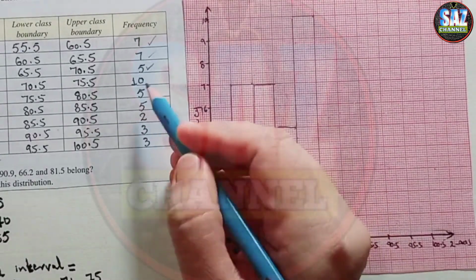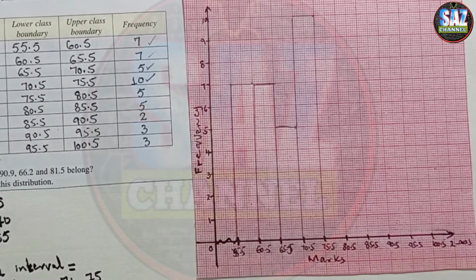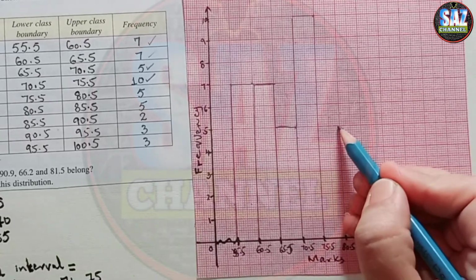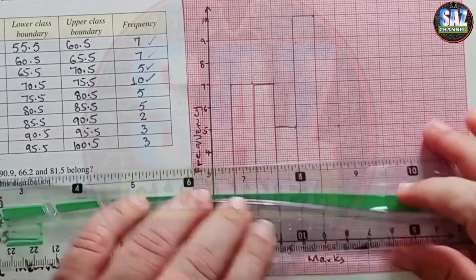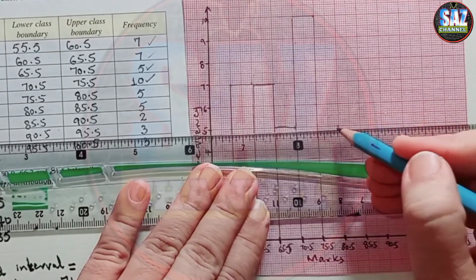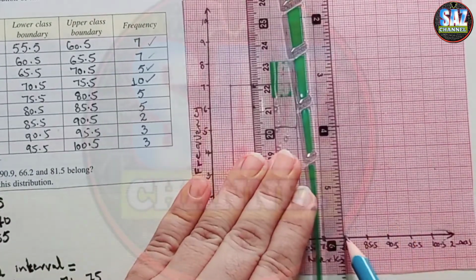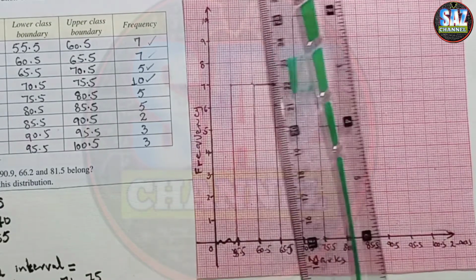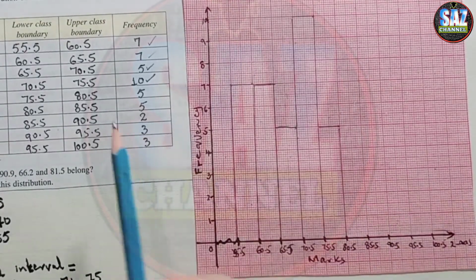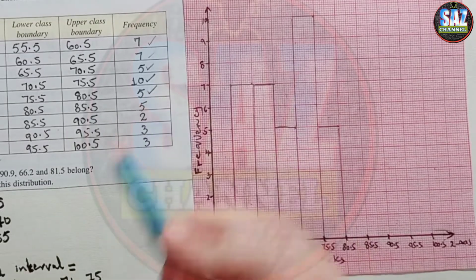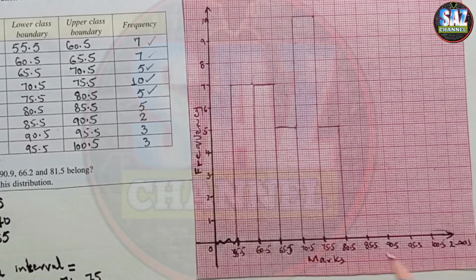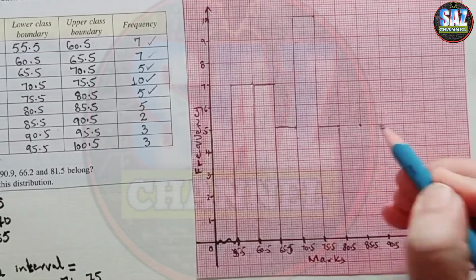And then for 75.5 to 80.5, the frequency is 5. So I have to make a rectangle at this place, because a histogram is the graph of adjacent rectangles. And then for 80.5 to 85.5, it's again 5.